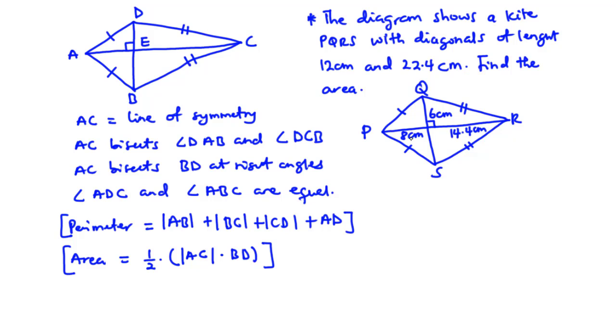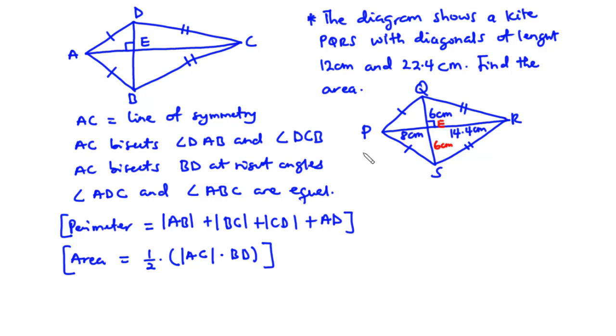Now if this is E, then if you add the value of PE to ER, that is 8 plus 14.4, which gives 22.4. So that is one of the diagonals. And then we have QE to be 6 centimeters, and because we have the other diagonal to be 12 centimeters, it means that ES will also be 6 centimeters.